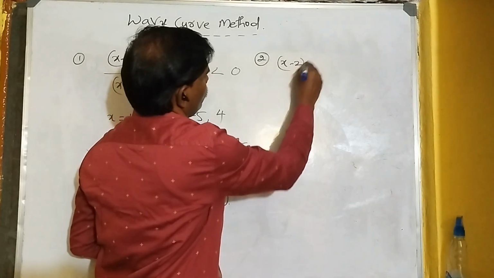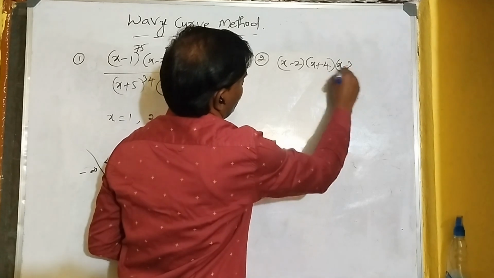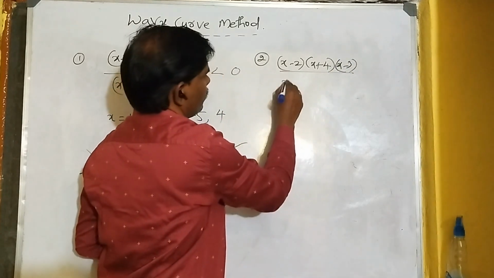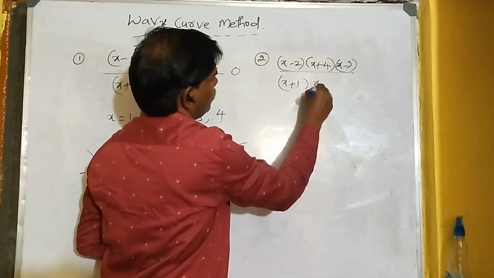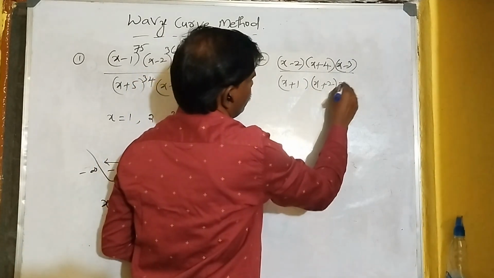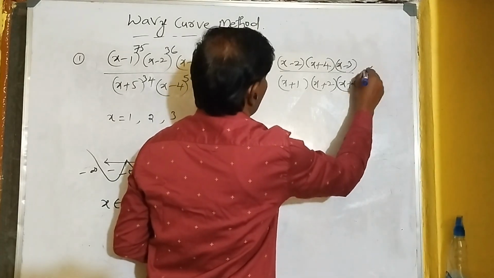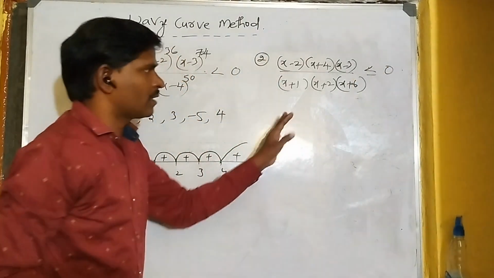(x minus 2)(x plus 4)(x minus 3)(x plus 1)(x plus 2)(x plus 6) is less than or equal to 0.